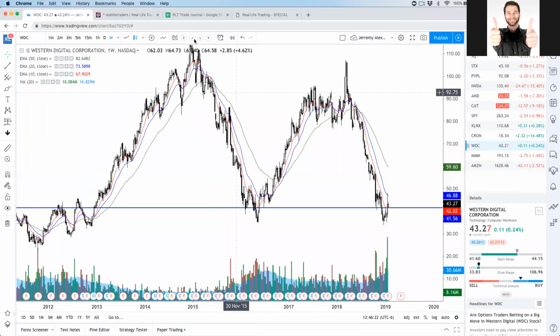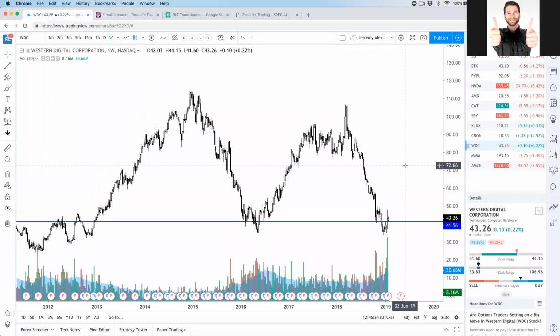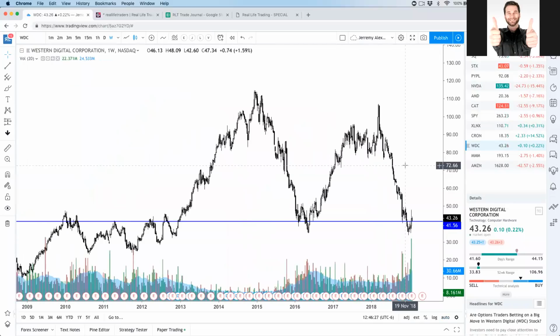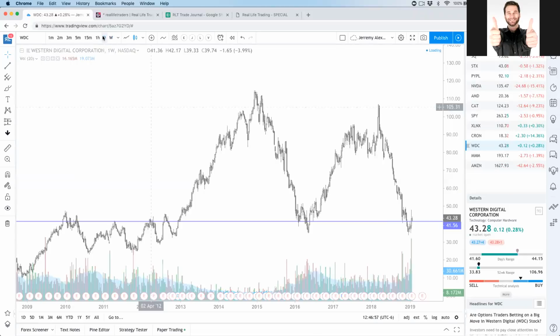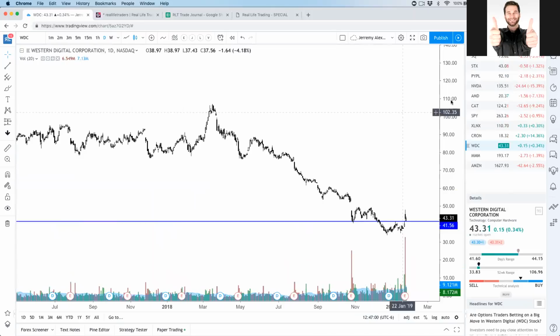This is the same support that I had on Western Digital, this 41.56. So that's the support level that I have drawn. I don't have any long-term or short-term position on WDC right now. I do believe it is a dividend-paying stock, so it's a blue chip stock out of support. So if you're looking at getting in, I get it. I understand. But again, it's going to be a long-term perspective, at least for me. That's my thoughts and feelings on it. Great question, though. Very good question.